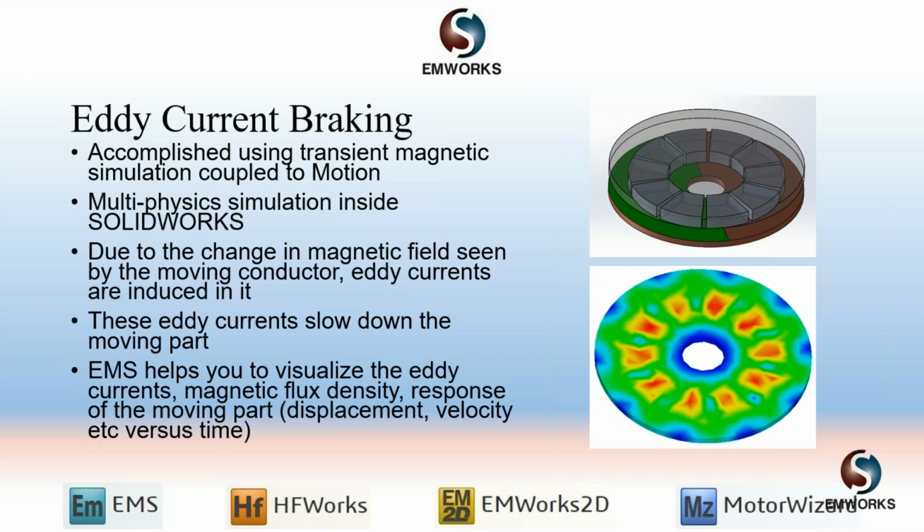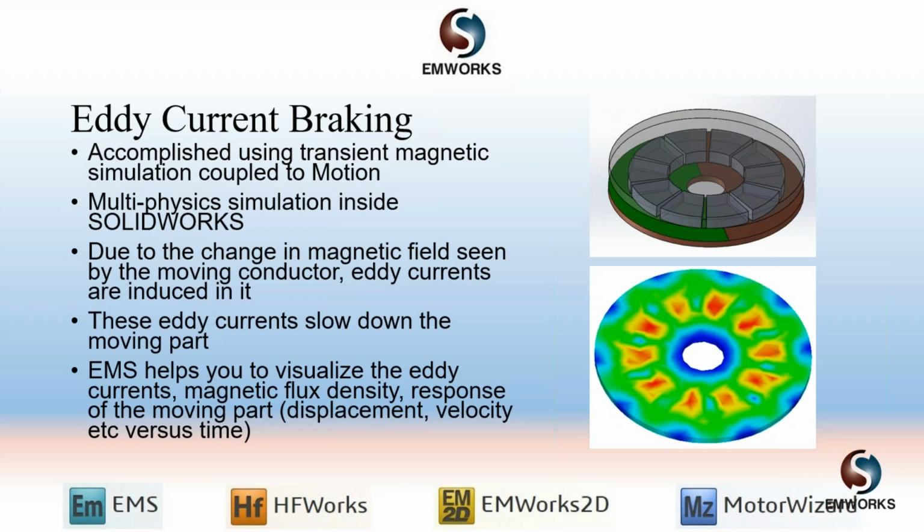These eddy currents are set up in such a way that they oppose the original magnetic field which induces the eddy current. As a result of these two opposing magnetic fields, the motion of the moving conductor gets affected. Basically, it experiences a retarding force, and this retarding force is responsible for braking or slowing down the moving component.